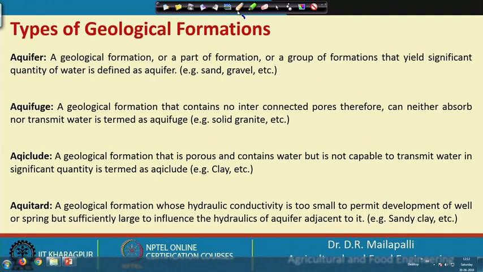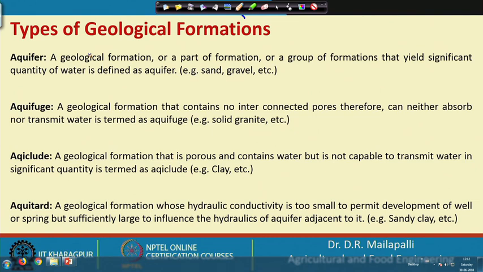Okay. So, here we have an aquifer. What is exactly an aquifer? Each geological formation has a particular property. For example, assume that it is a sponge. A sponge is a porous material, a porous media. You add water, what happens?